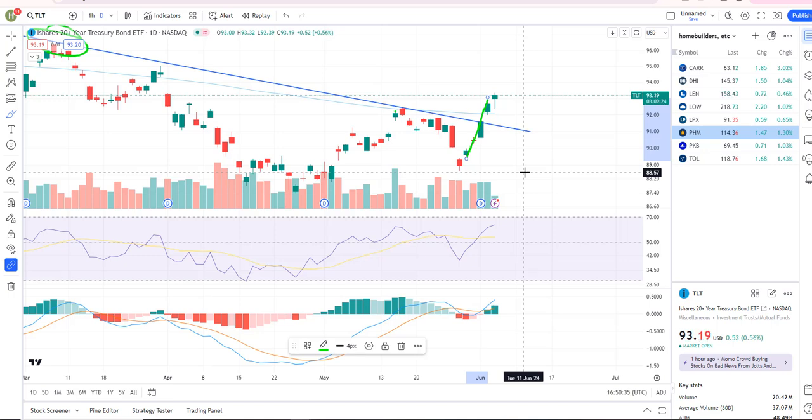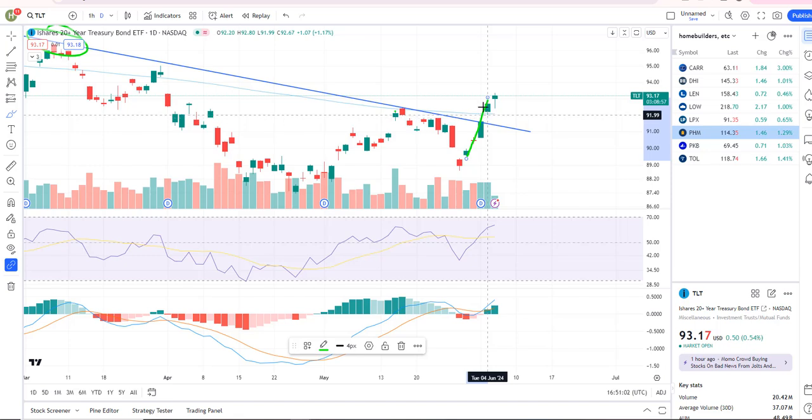You do have the Fed funds futures, I believe, pricing in an interest rate cut, the first one, I believe, in September. So maybe people are buying the long bond, trying to lock in that interest rate because they know the short end of the curve is very likely going to be cut.